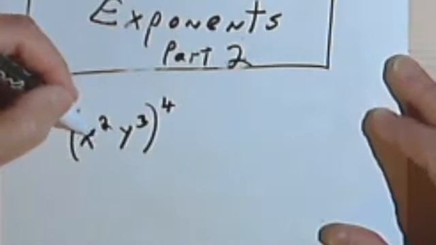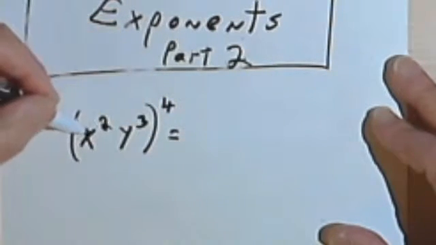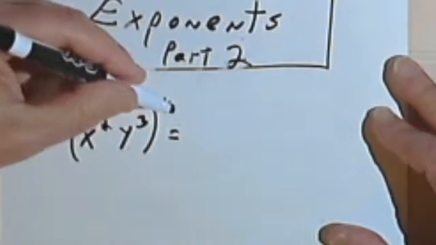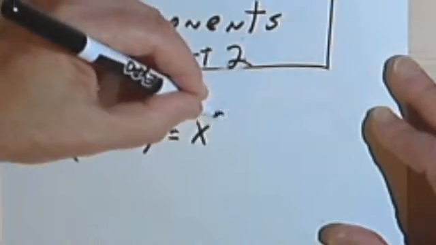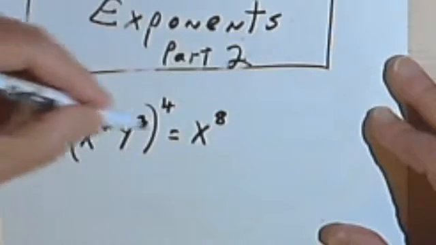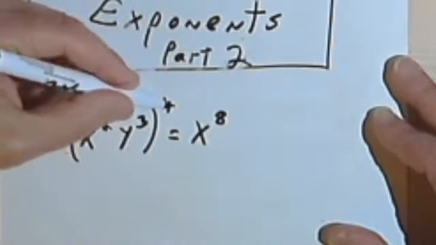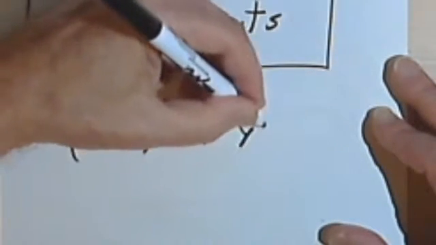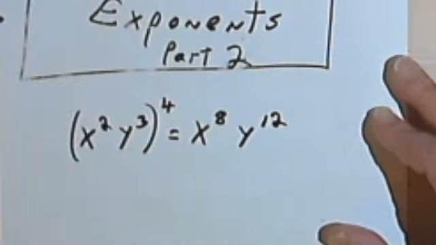So this is just going to become x squared to the fourth, or x to the eighth, and y cubed to the fourth, or y to the 12th.